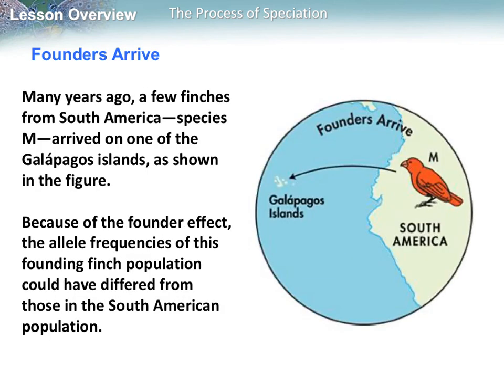So many years ago, a few finches from South America, species M, we'll call them, arrived on the Galapagos Islands. We call this the founder effect, from previous sections. The allele frequency of the founding finch population could be different from the average of the source population, because only a few finches actually moved.